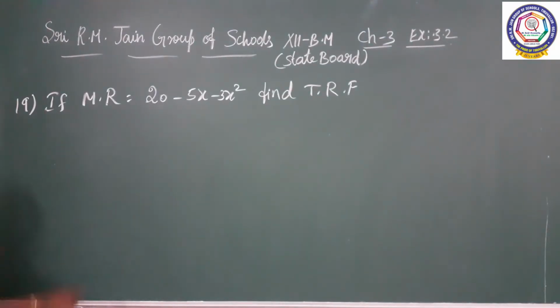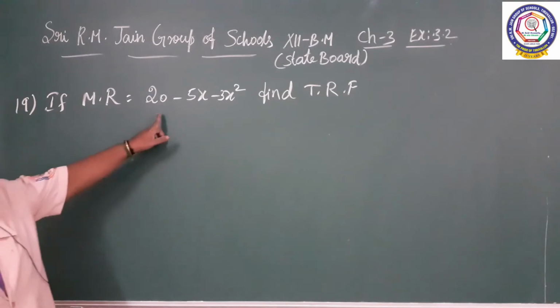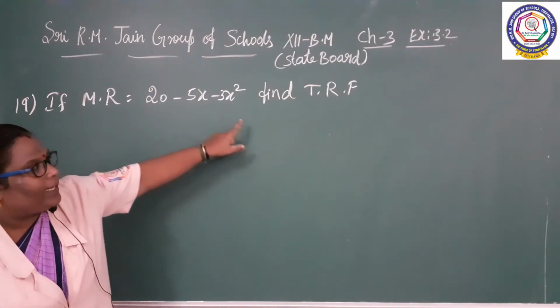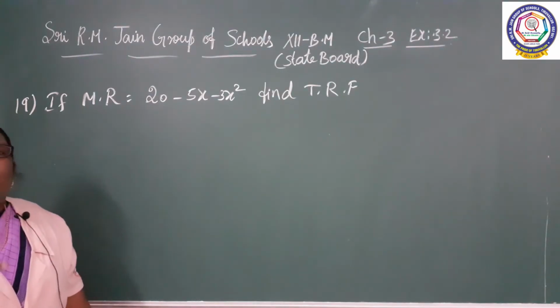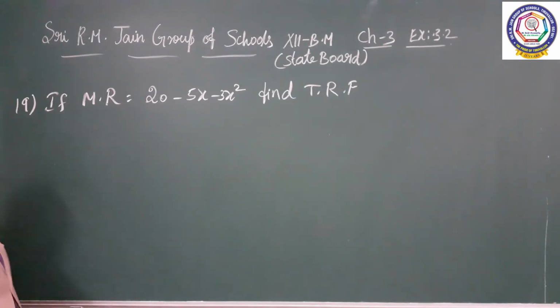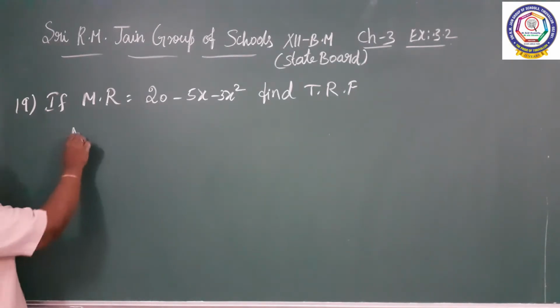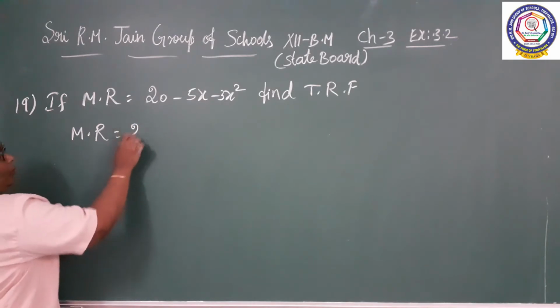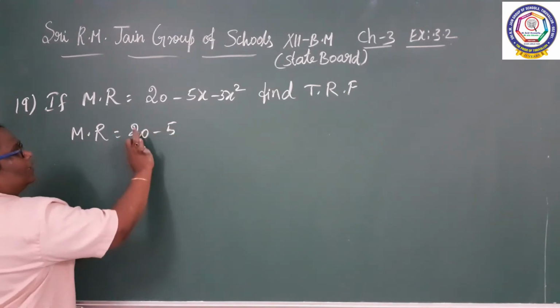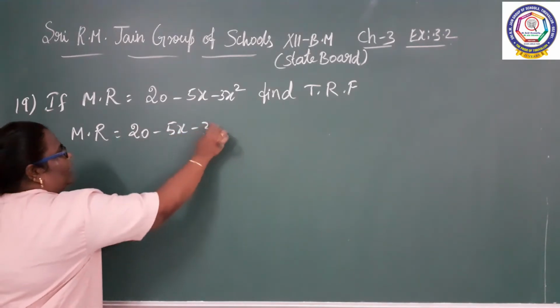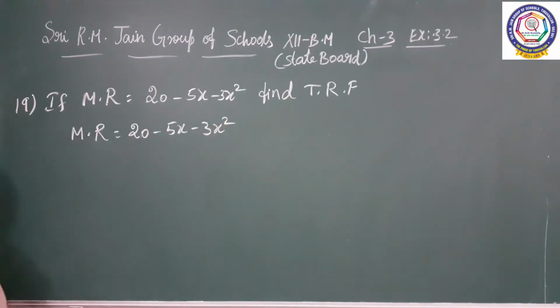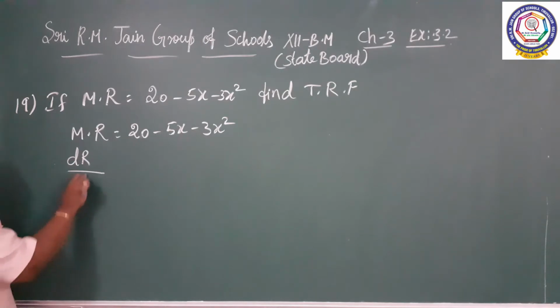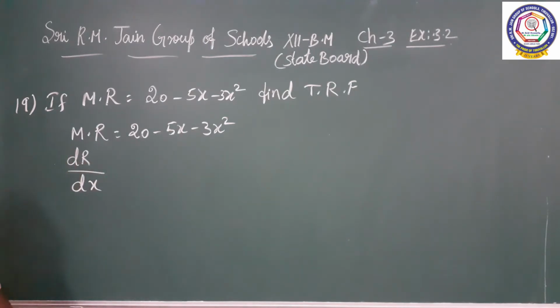See the 19th sum. If marginal revenue equal to 20 minus 5x minus 3x square, find the total revenue function, that is capital R. Marginal revenue equal to 20 minus 5x minus 3x square. What is the meaning of marginal revenue? dr by dx. The rate of change of revenue.